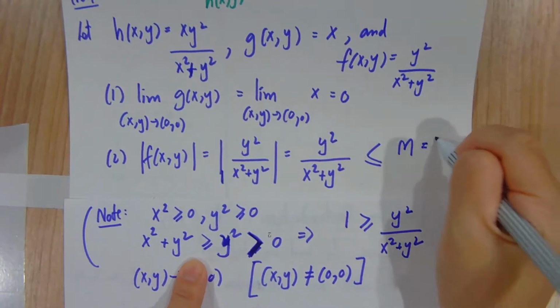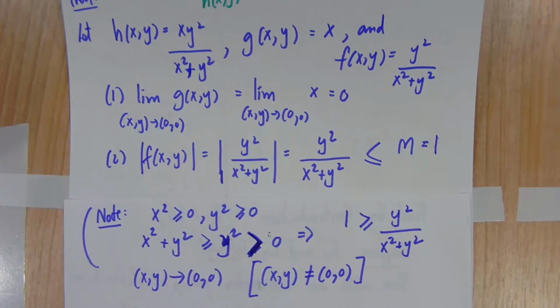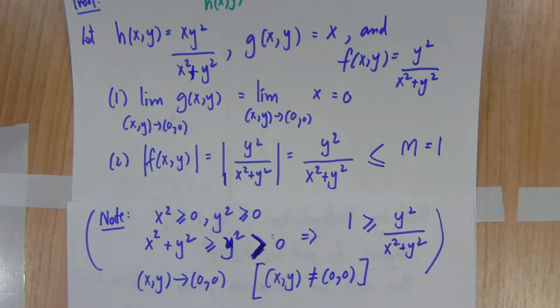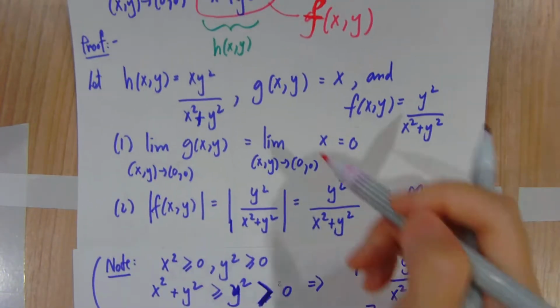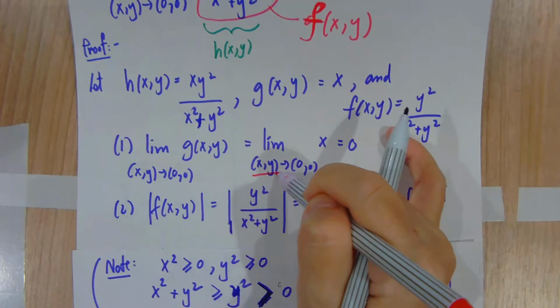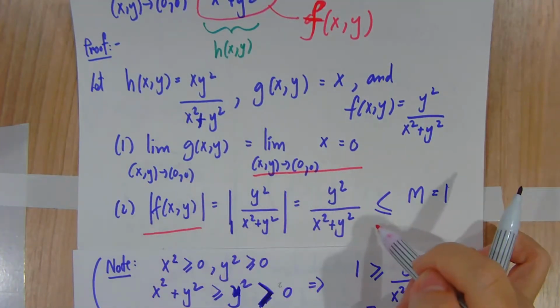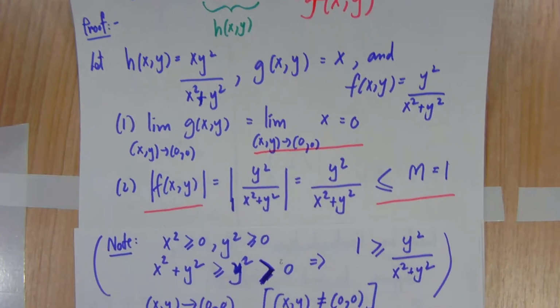Which means if we choose the term m equal to 1, we get it from our note. Then from this we also have two conditions, and this term is also bounded, which is less than 1.